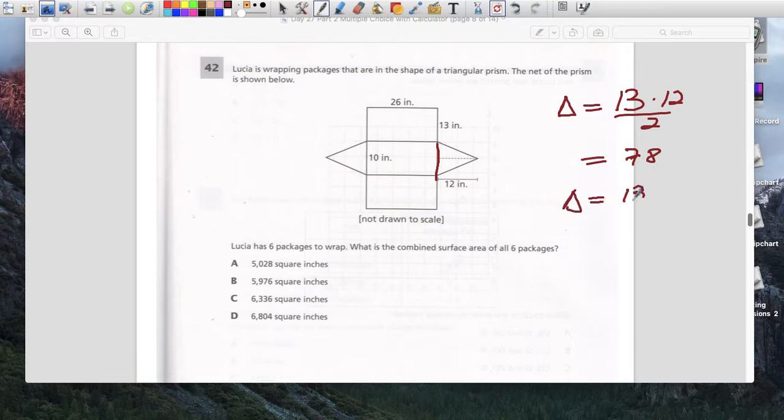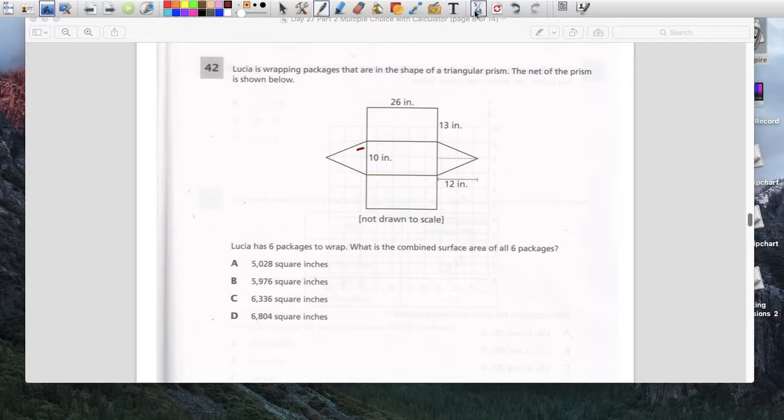The other triangle on the other side is also 13 times 12 divided by 2. And then I have this rectangle over here, which is a 26 by 13. My apologies. I'm going to start this problem all over again.